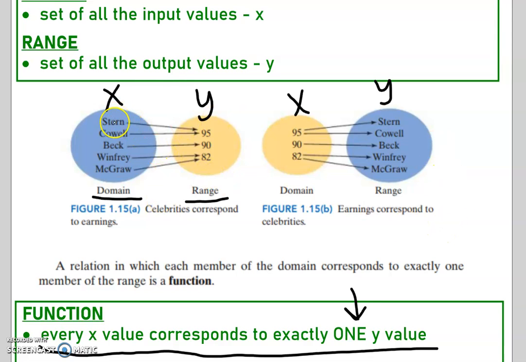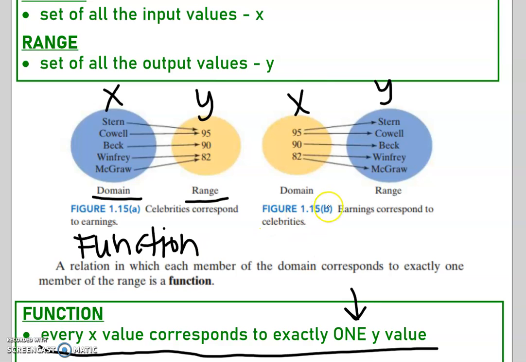So notice these x values. Stern goes to 95. Cowell goes to 95. Every x value goes to one y value. Stern doesn't have two y values, right? Stern only goes to 95. Cowell only goes to 95. And that is true for all of those people. So this is a function.